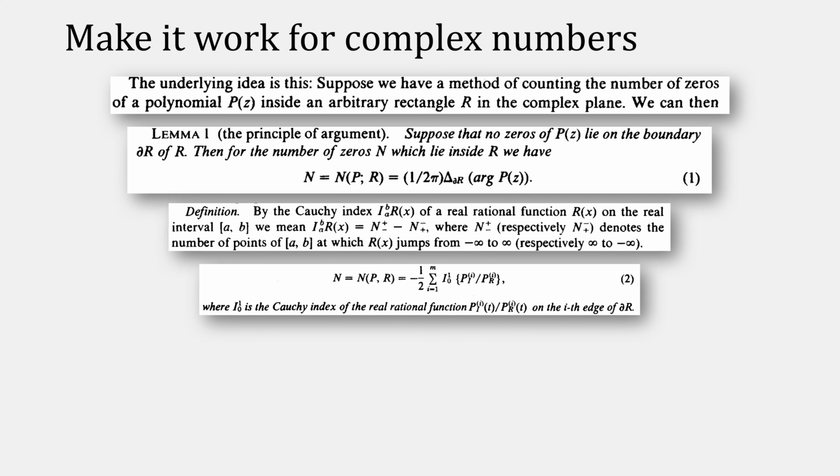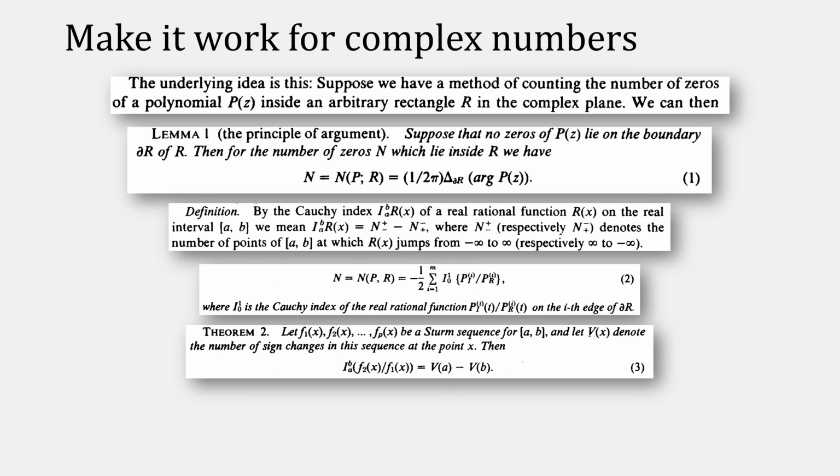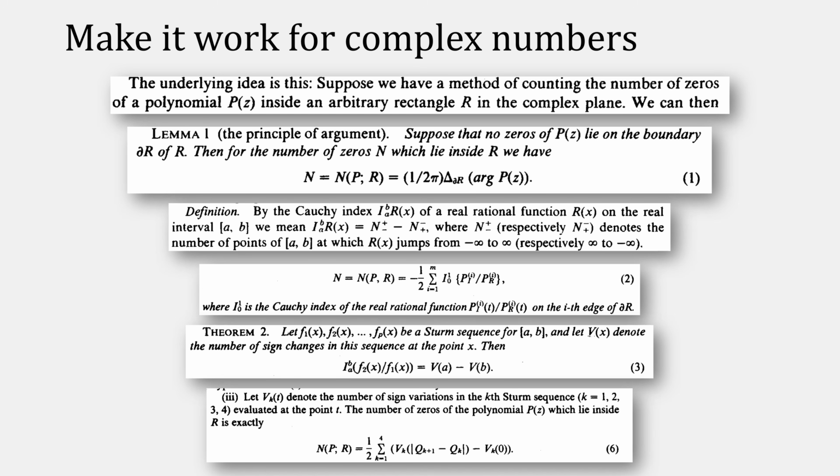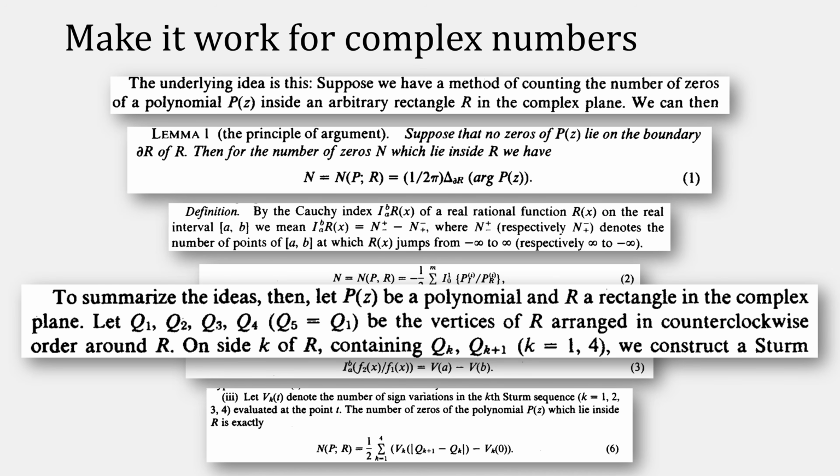The next thing he does is simplify the Cauchy index to be this function, and then simplifies it further to just use v of a minus v of b, the Sturm sequence, giving one final equation for the number of roots inside of a rectangle of the complex plane. If you're wondering what those q values are, those are the 4 coordinates of your rectangle.